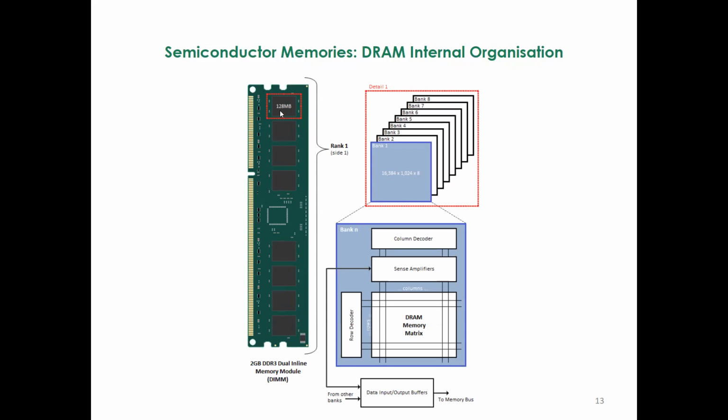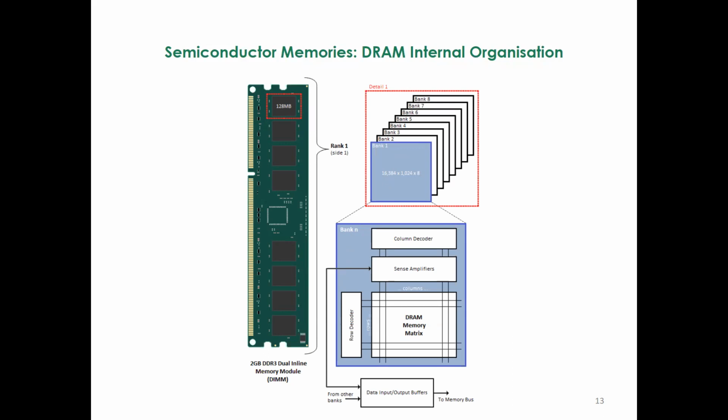For example, to have 128 megabytes, you need 16 megabytes times 8, right? And then to get to your 2 gigs, you need your 128 also times 8.